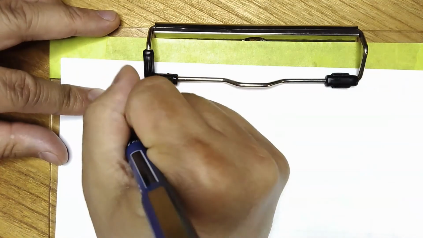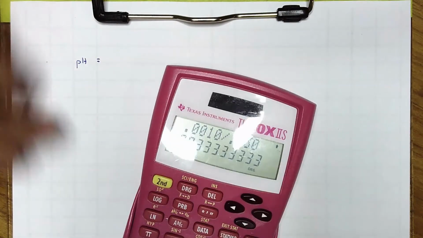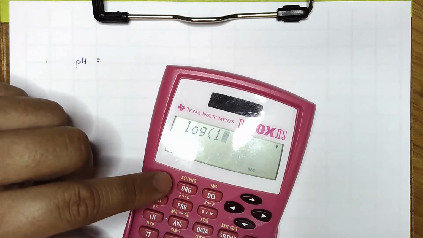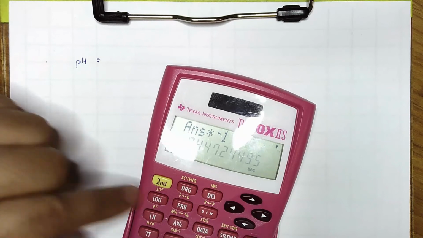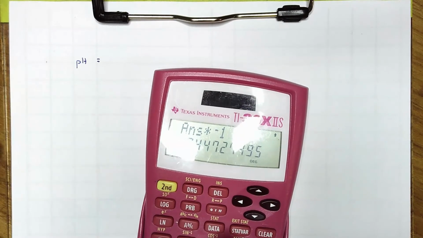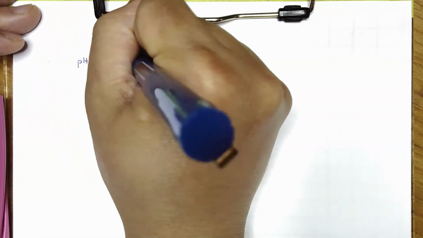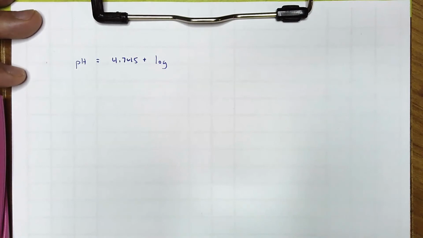Okay, pH equals pKa, which is the negative log of 1.8 times 10 to the negative 5, because it's a negative log, 4.745. 4.745 plus log, and now we're using the new concentrations, right?